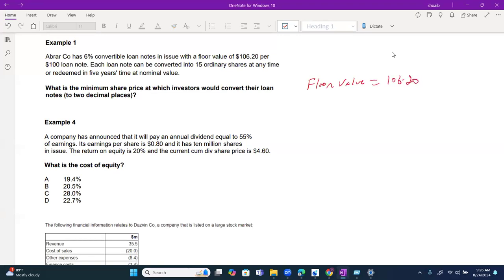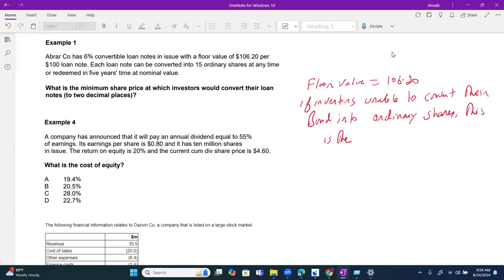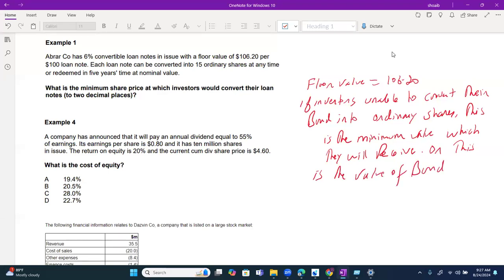What is the meaning of floor value? If investors are unable to convert their bond into ordinary shares, this is the minimum value which they will receive. This is the value of the bond.